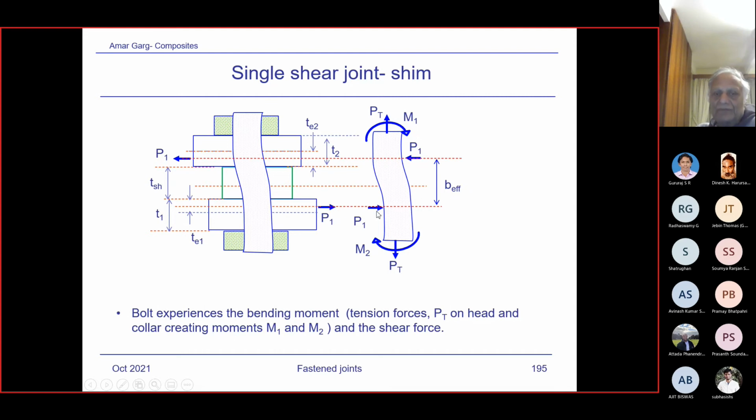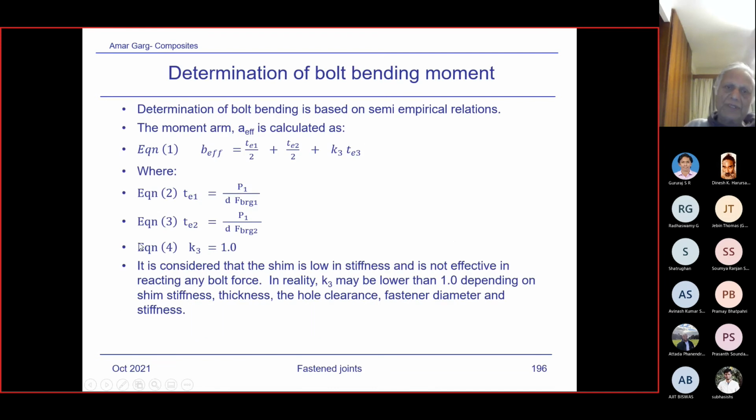So the moment on the bolt due to the applied load is this P1 into B effective. And then this moment has to be reacted by this moment M1 and M2. And this is what essentially is being done over here. Okay, so B effective is equal to TE1 by 2, TE2 by 2, plus K3.